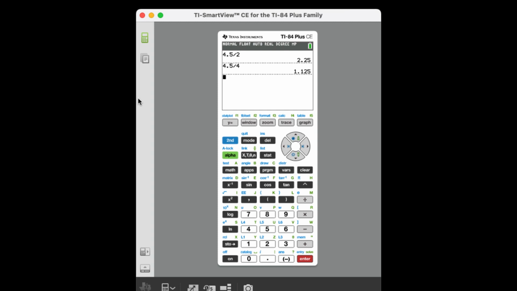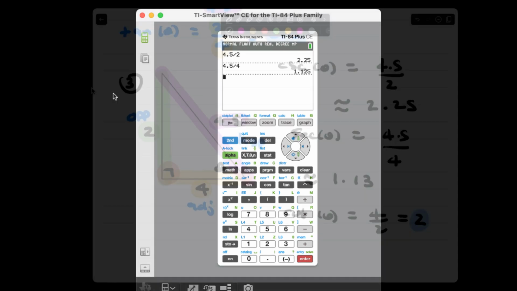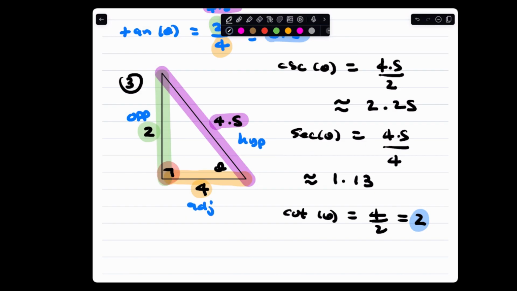Is that 1.13? Remember, we already did work on our approximation last week. Is that true? So, ladies and gentlemen, this is the remaining 3 trig ratios.